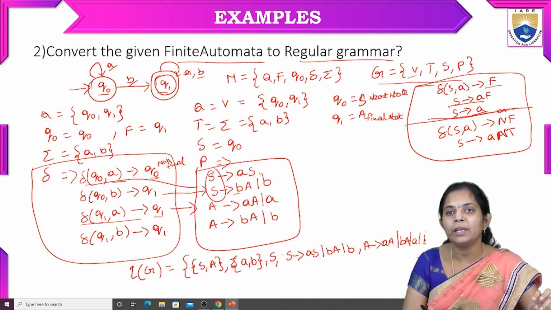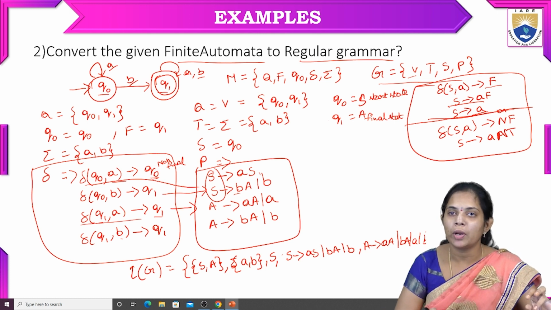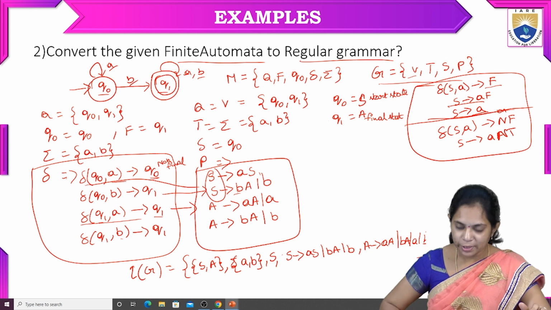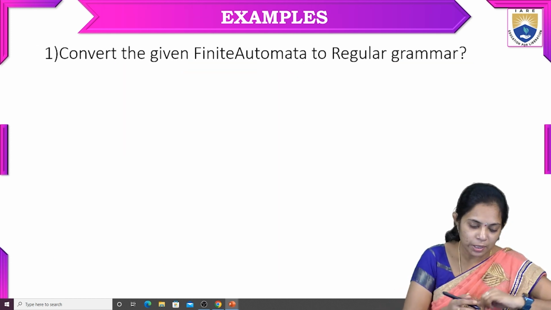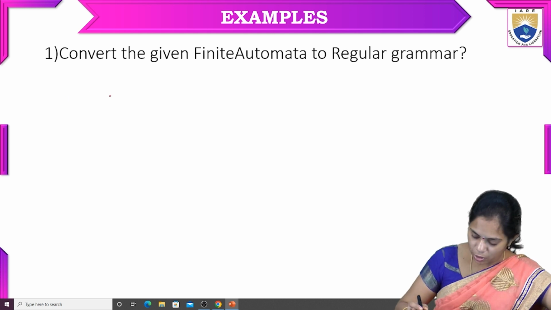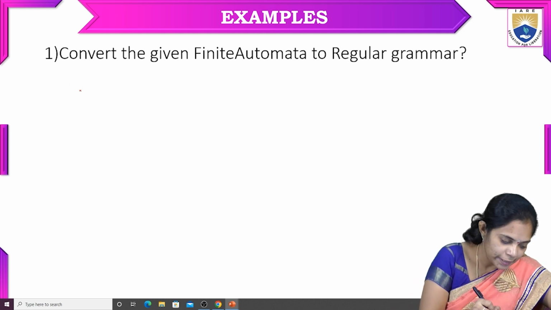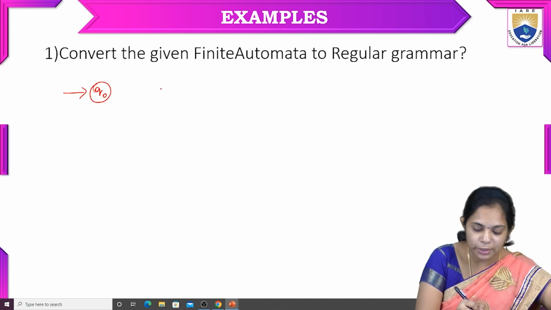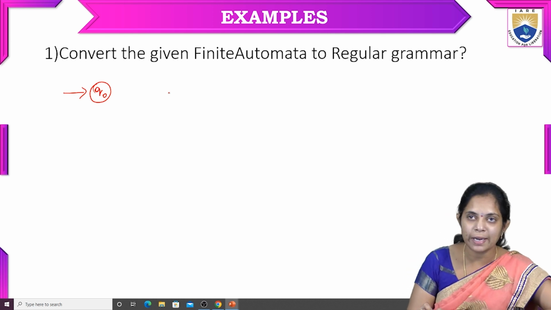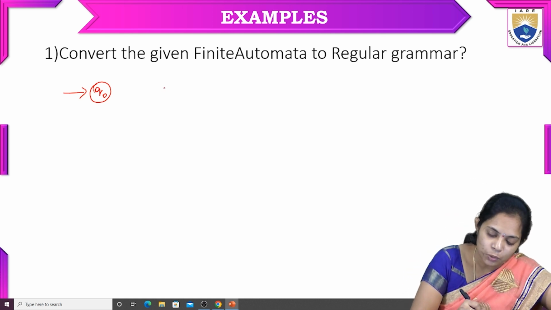So this is how we converted a finite automata into a regular grammar. And one more example: we have to convert a regular grammar into a finite automata. In the previous slide, we took only 2 states.